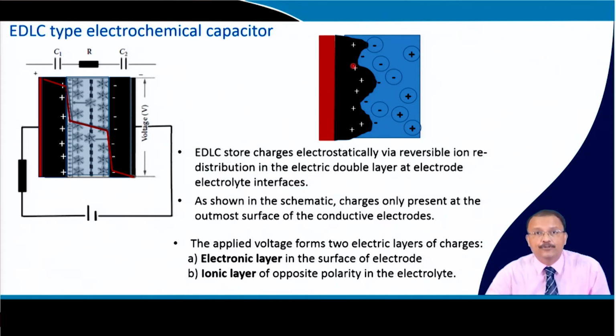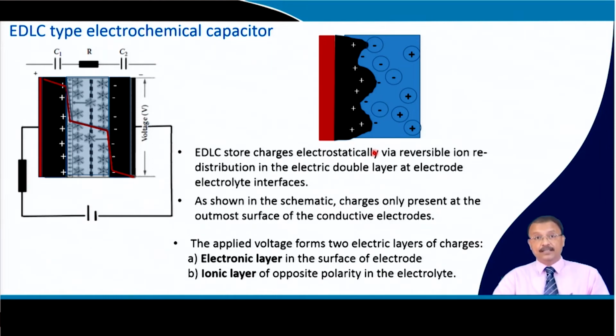So, if you look at the electrode, you have a current collector, and then you have an electric double layer capacitor. This is charged only at its surface, and you have counter ions. If it is positively charged, you have counter ions which are basically solvated, and you see that they are attached to the surface, and they constitute a double layer capacitor.